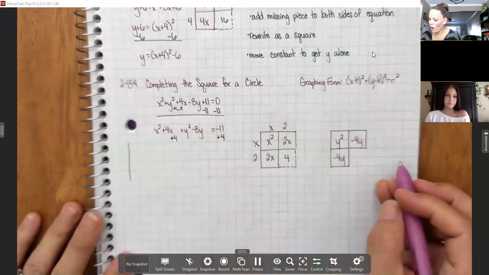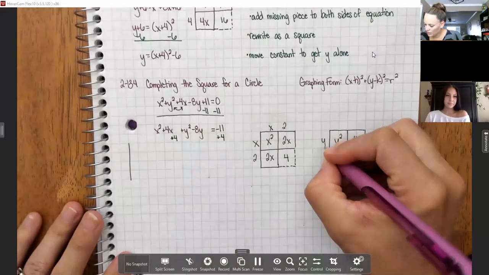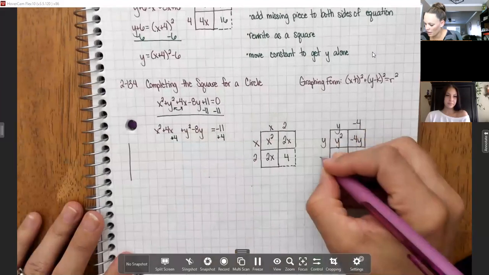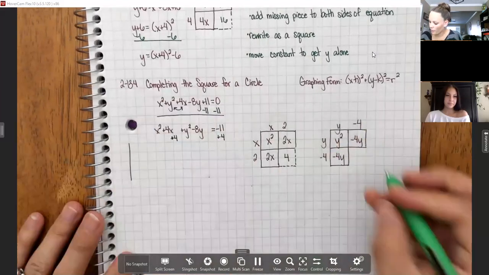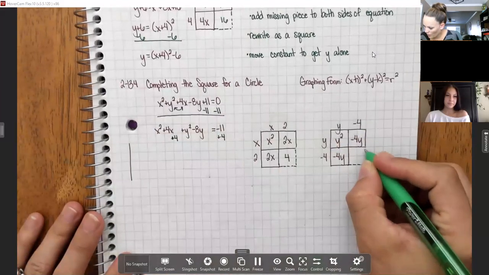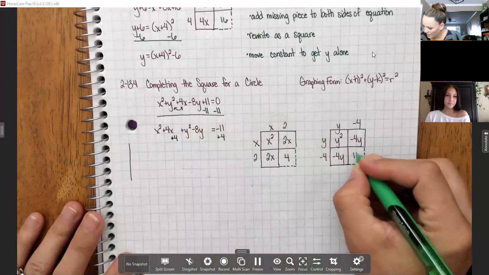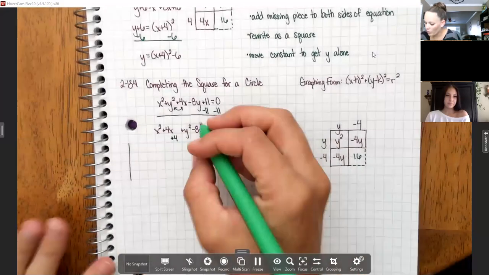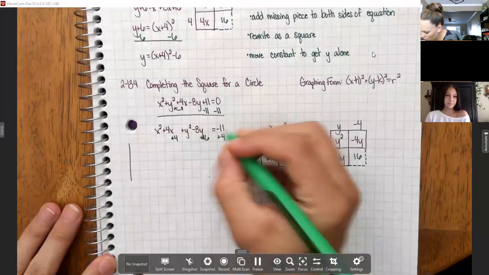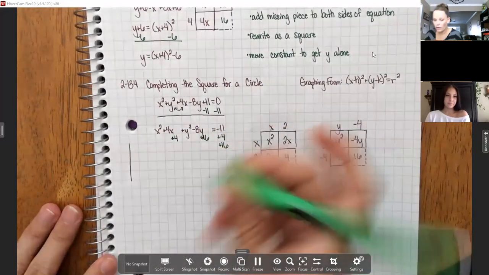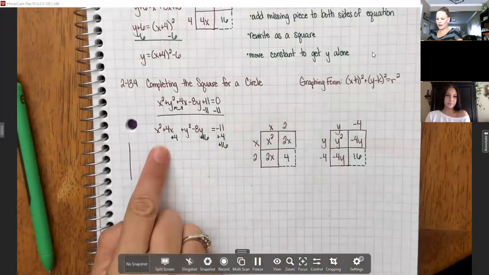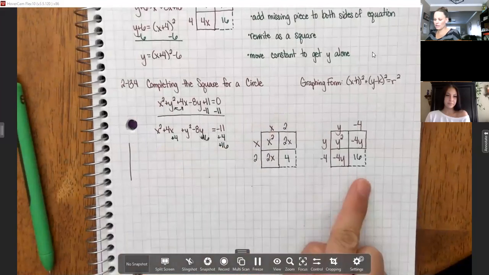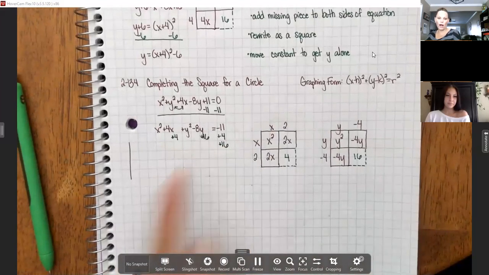And then for my y's, I get the outside of the box: y, negative 4, negative 4. I'm missing 16. That's the missing piece to make it whole. So I'm going to add 16 on both sides of my equation. The way I line it up, the missing part with the x's, I put under the x's, and the missing part with the y's, I put under the y's.